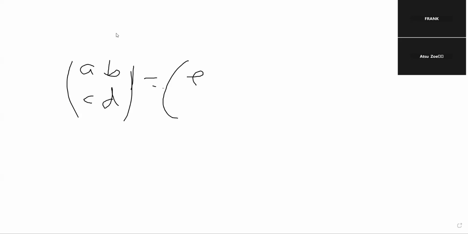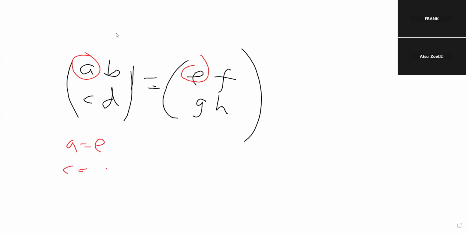If I take the matrix A, B, C, D to be equal to E, F, G, H, then their entries are equal, such that top left and top left are equal, so A is equal to E, down left and down left are also equal, C equal to G, B is equal to F, D is equal to H. So if matrices are equal, then their corresponding entries are equal. That's how you should know it.